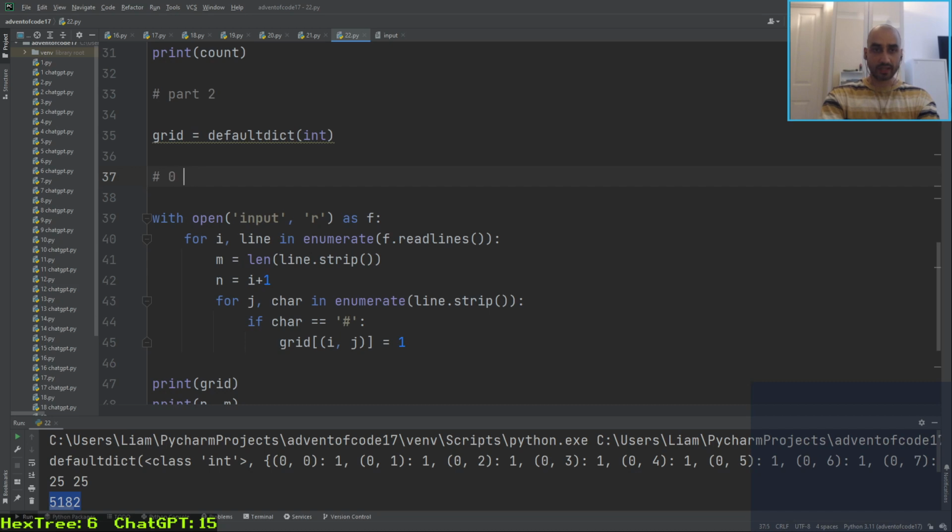We want 0 clean because everything's clean by default. 1 weakened, 2 infected, 3 flagged.